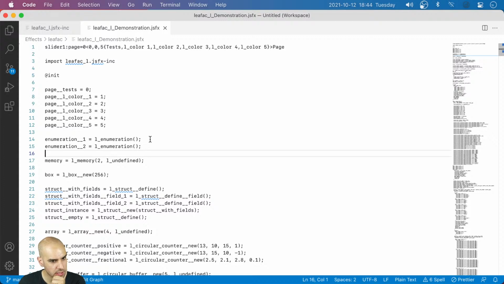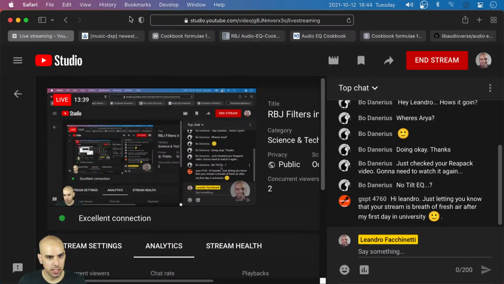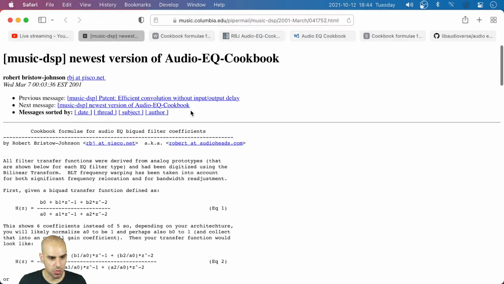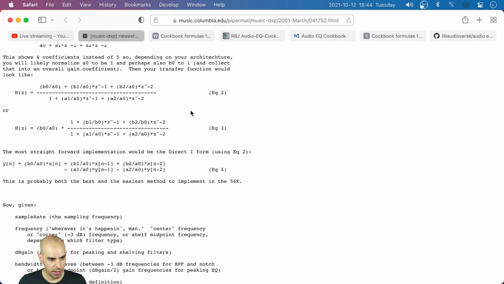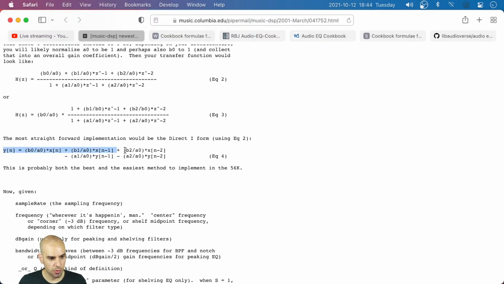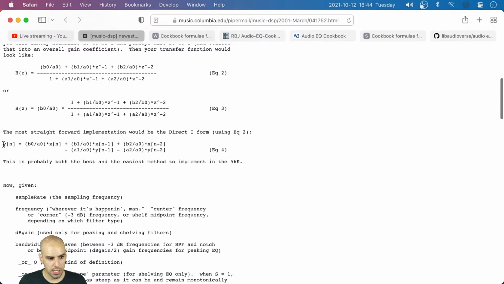While you write your answer, let's start the implementation of this filter. So the first thing we have is this equation right here, which is the most straightforward implementation. So let's make sense of what is in this formula. And if you want more detail and things at a slower pace, then you can watch our previous streams.